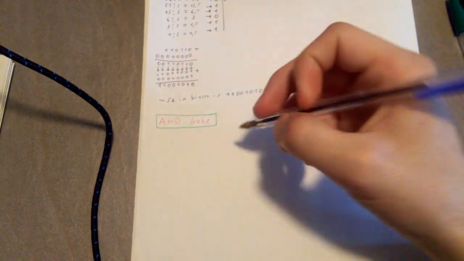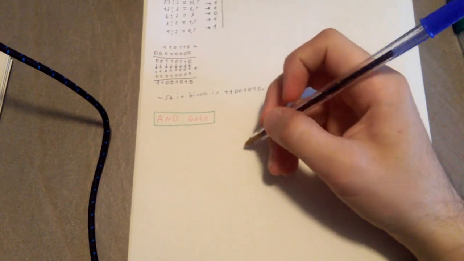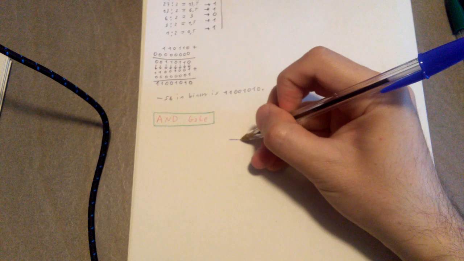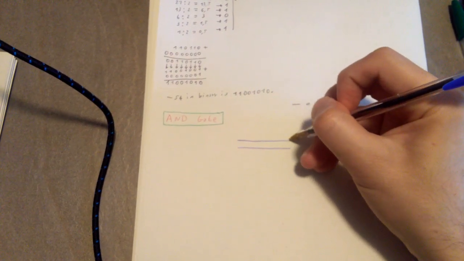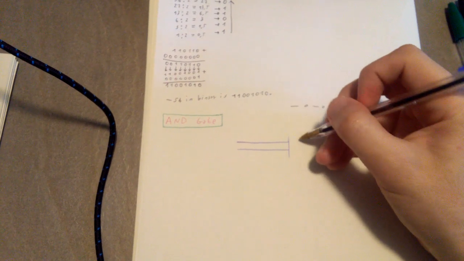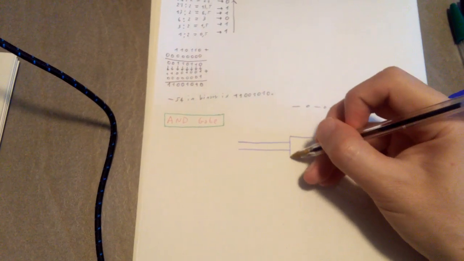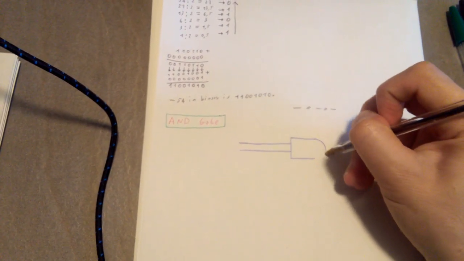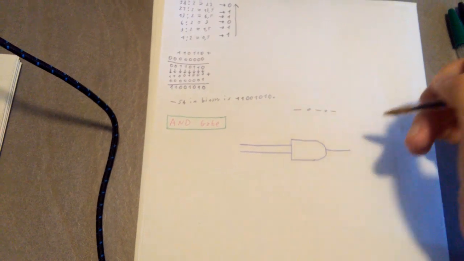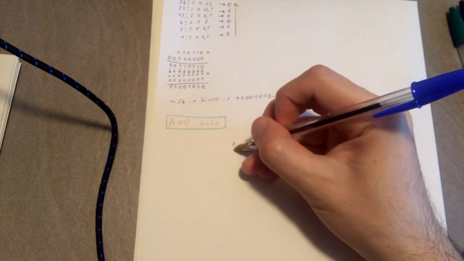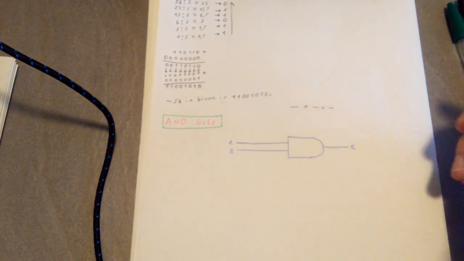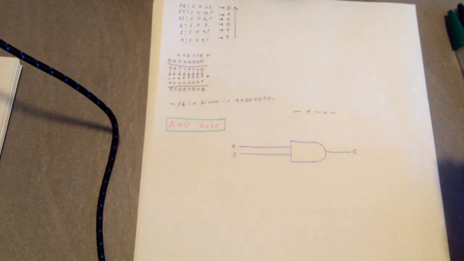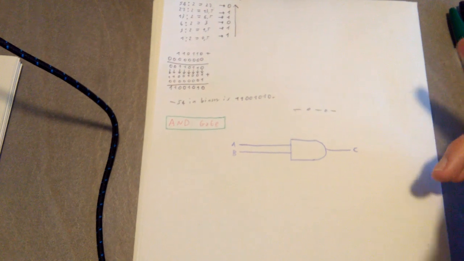So what's an AND gate? How does it look? Well, if we have two inputs, the AND gate looks like this. The two inputs are going to be A and B, and the output is C. Now, what does an AND gate do?